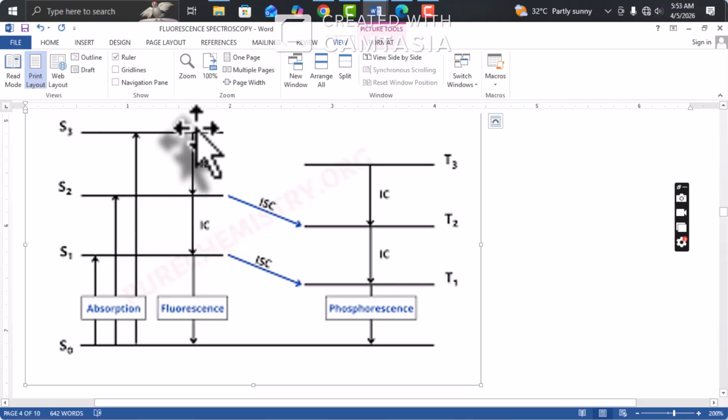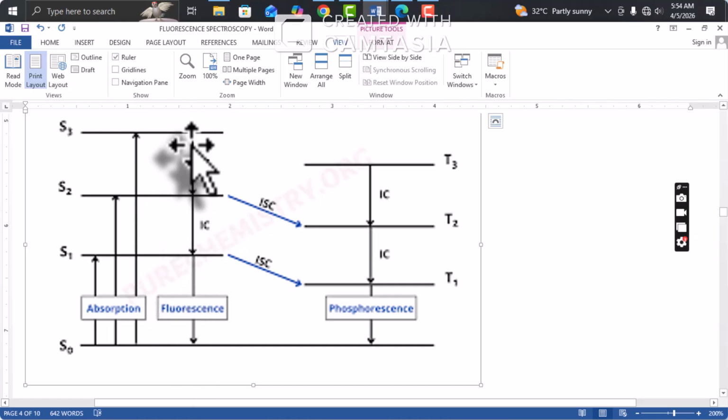When they fall back to the ground state straight up, in what we call internal conversion, as a result of vibration and the likes, when they lose energy, they fall back to the ground state. So if it is in S1, it will fall back to S naught. If it is in S2, it falls back to S naught and the likes.